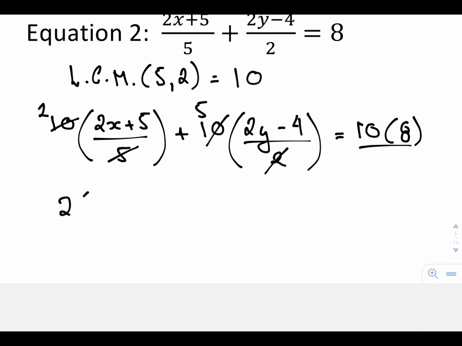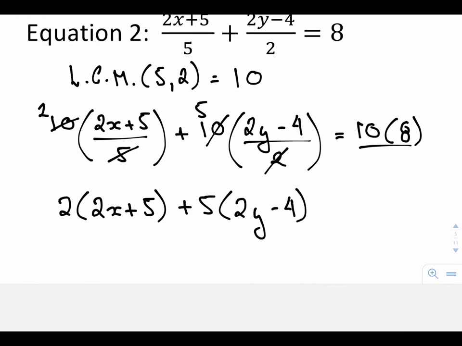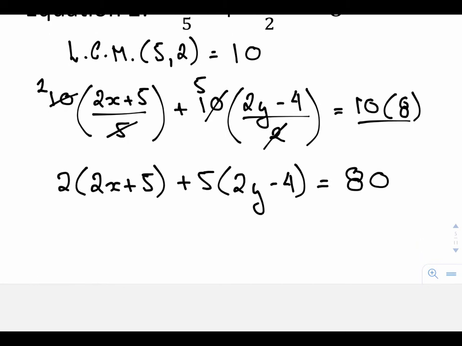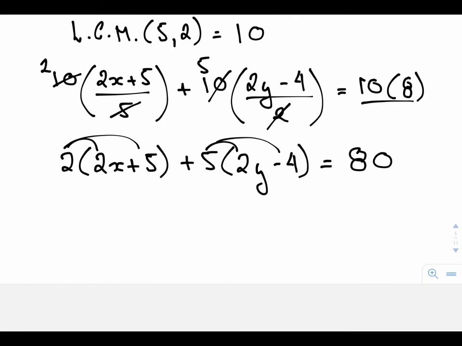But let me write down the next step first. So I have 2 times (2x plus 5) plus 5 times (2y minus 4) equals 80. Multiply this 2 inside, the 5 inside. I'm left with 4x plus 10 plus 10y minus 20 equals 80.